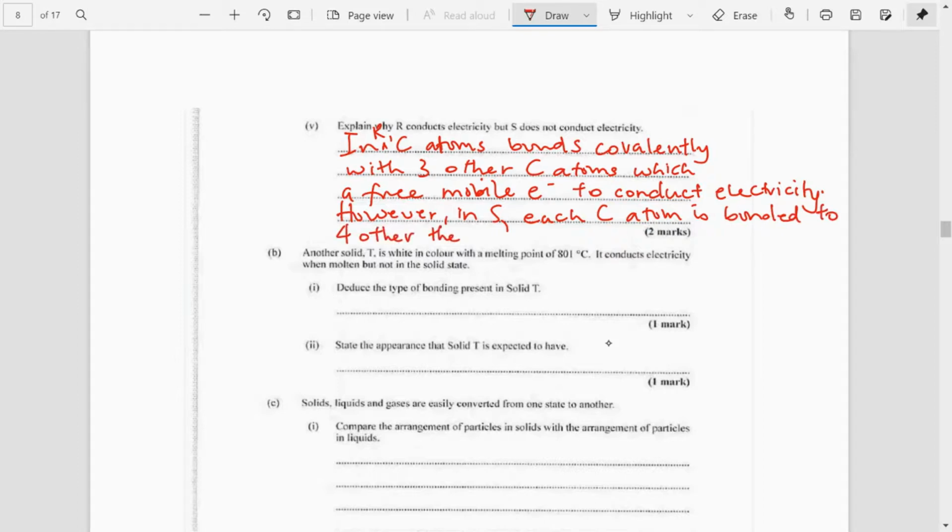Therefore, no free mobile electrons exist to conduct electricity.